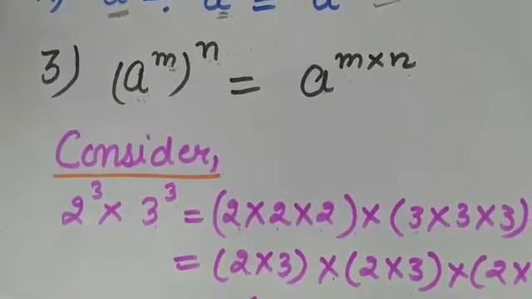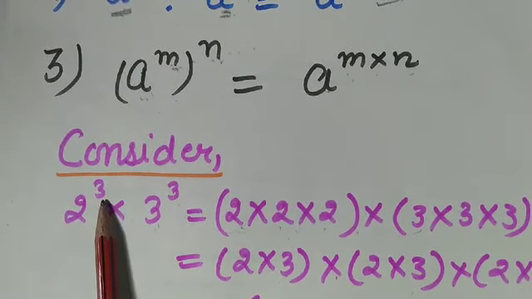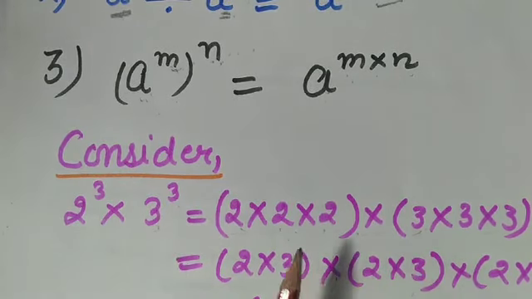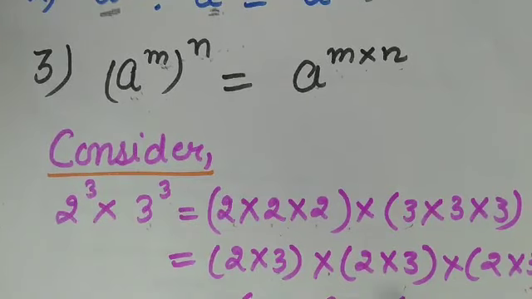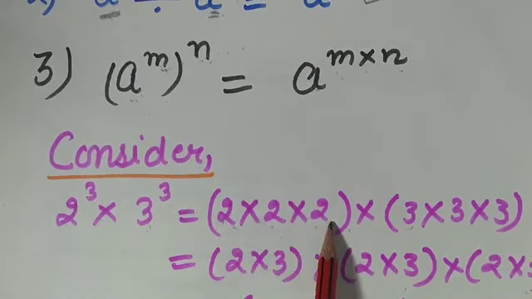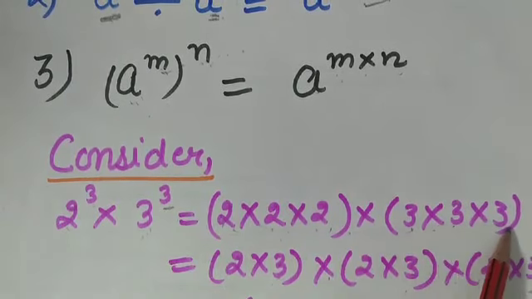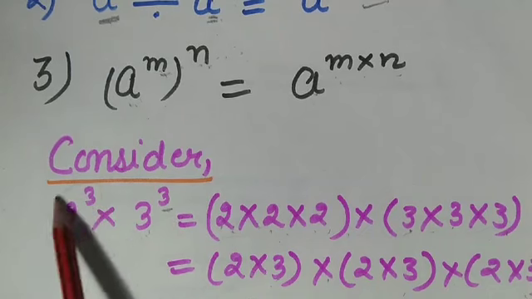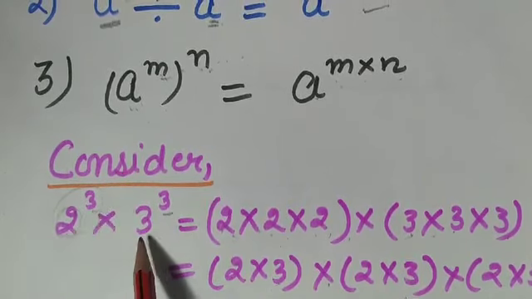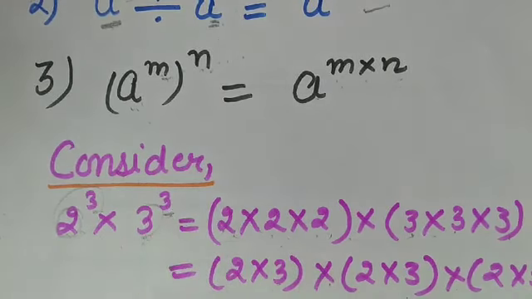For understanding the fourth law, let us consider an example: 2 raised to the power 3 into 3 raised to the power 3. How will you write these exponential numbers? 2 raised to the power 3 can be written as 2 into 2 into 2, and 3 raised to the power 3 can be written as 3 into 3 into 3. Because 2 raised to the power 3 means 2 gets multiplied 3 times, and same here for 3.